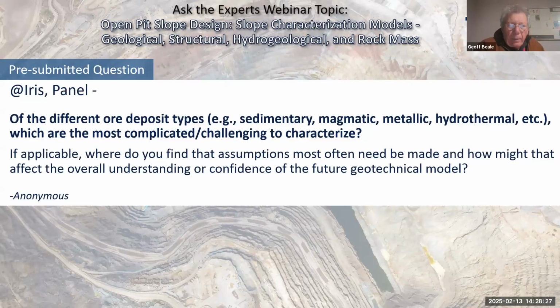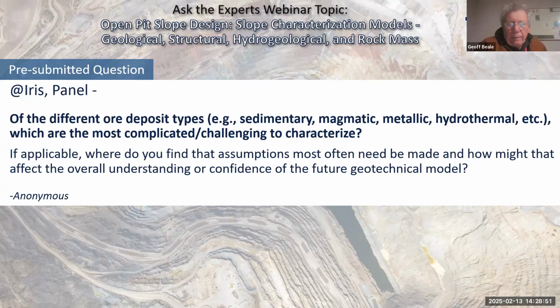So when you have a sedimentary mining situation, the bedding is something you have to think about, which you don't so much with a metasedimentary or a volcanic or an intrusive deposit.